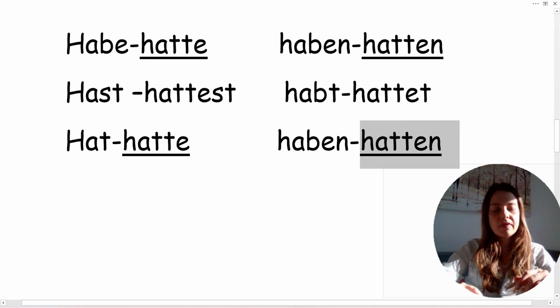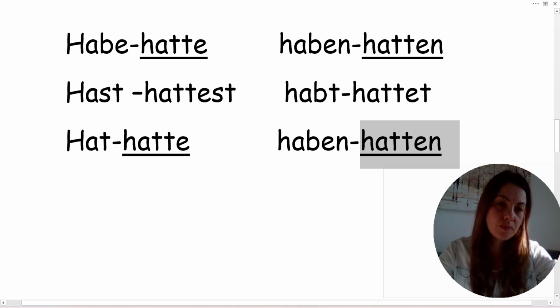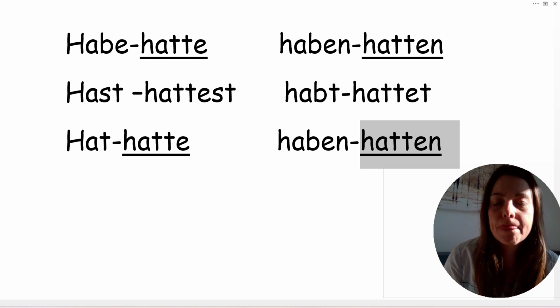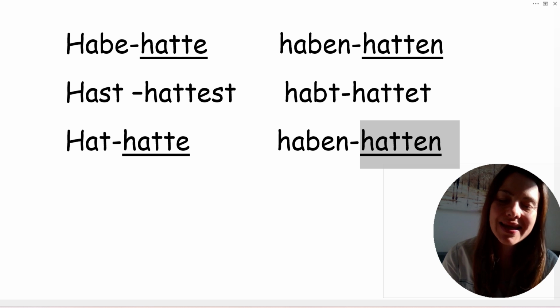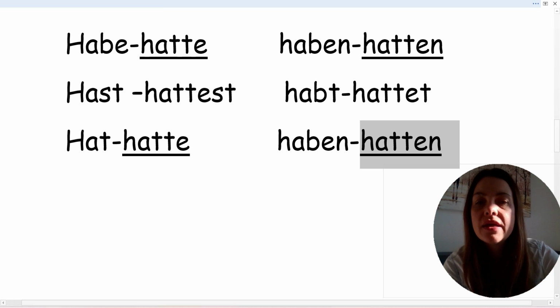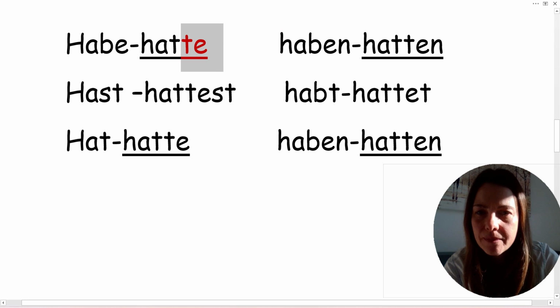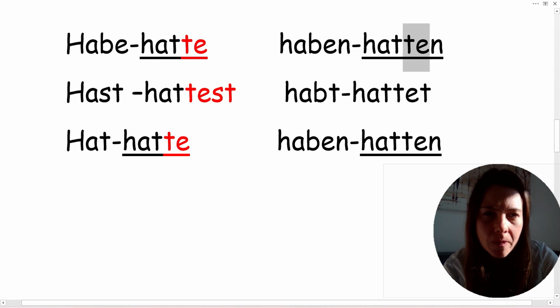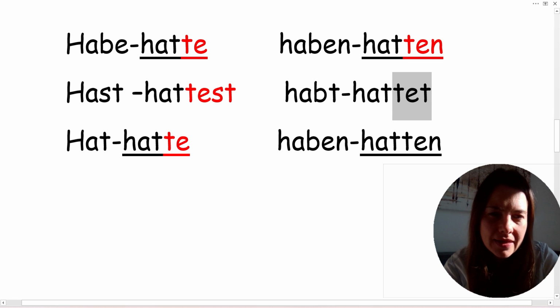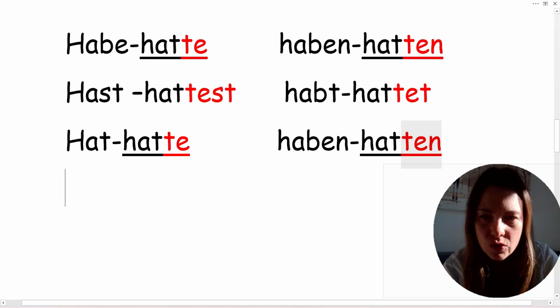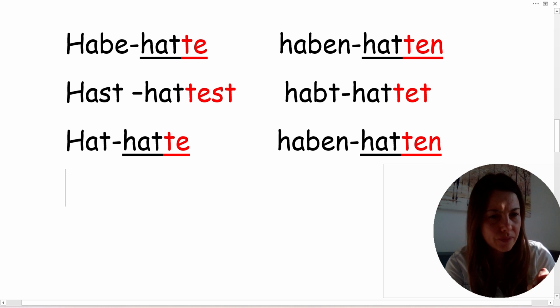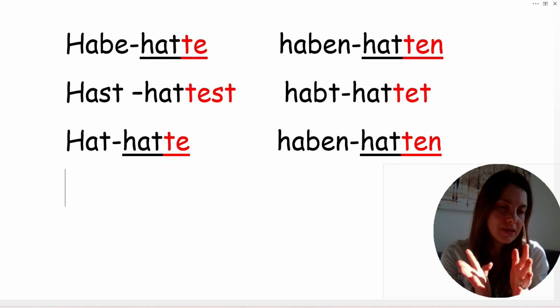So, first and third person singular and plural have the same endings. Hatte, hattest, hatte. Hatten, hattet, hatten. And here, these endings, te, test, te, ten, tet, and ten, are the endings that we usually put on the verb in order to form this Präteritum in Deutsch. That's like past simple in English.